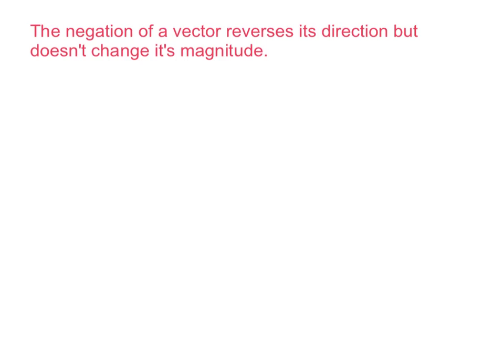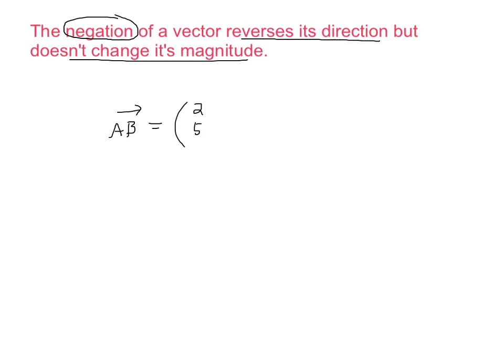Next let's talk about the negation of a vector. The negation of a vector is where the vector is going to be reversing its direction, but the magnitude or the length is not going to be changing. Suppose we have vector AB and it has components 2, 5. If we were to negate this vector AB, it's exactly what you would think.